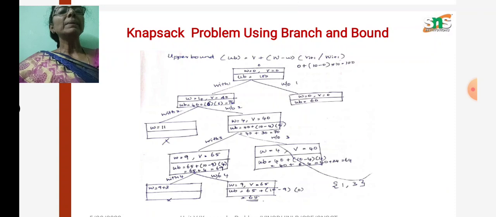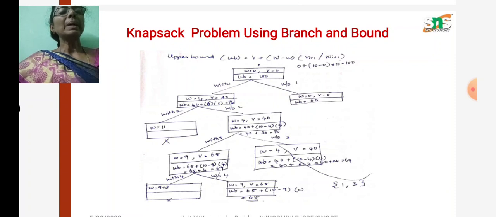From the root to the leaf, we have a solution, which is a subset. By adding items 1 and 3, we get the maximum profit of 65, with a weight of 9.